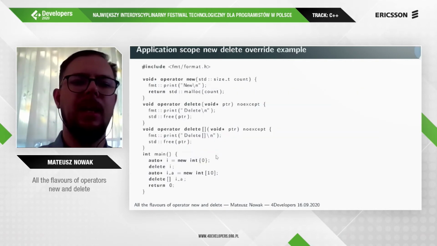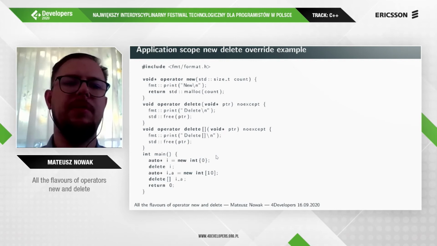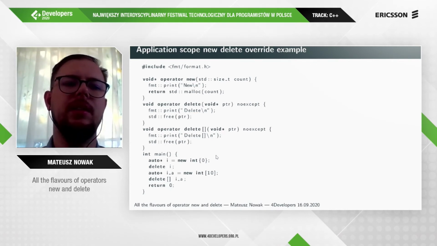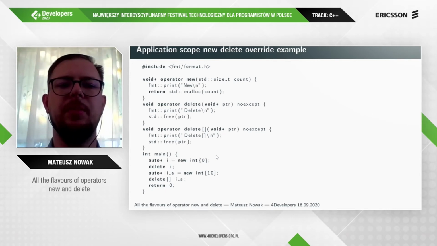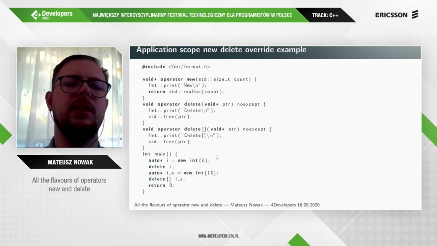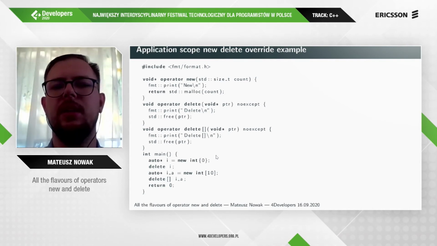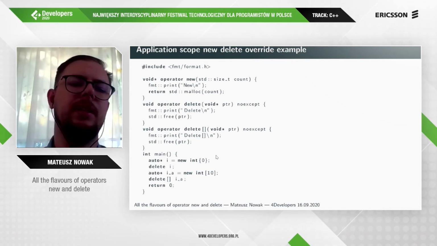Okay. So getting into examples, the first one will be overriding new and delete on application scope. Here in the global namespace, we define this example operator new with a size parameter, operator delete for a single object, and operator delete for the array, and try to create a single int and then an array of ints on the heap here, and then delete them.